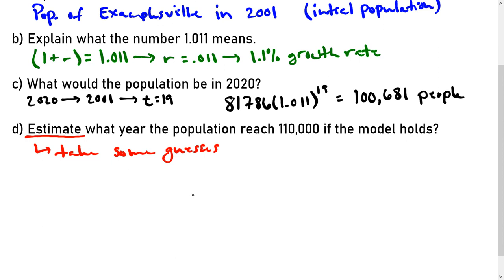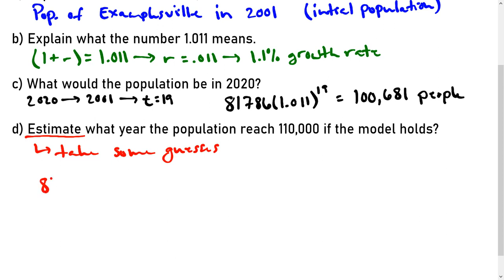All right, so let's start at, I don't know, we know in 2020 we're at 100,000 people and it's growing like 1% every year. So maybe if I go like 10 years past that, maybe I should see about doing something like that. So we're literally just guessing.